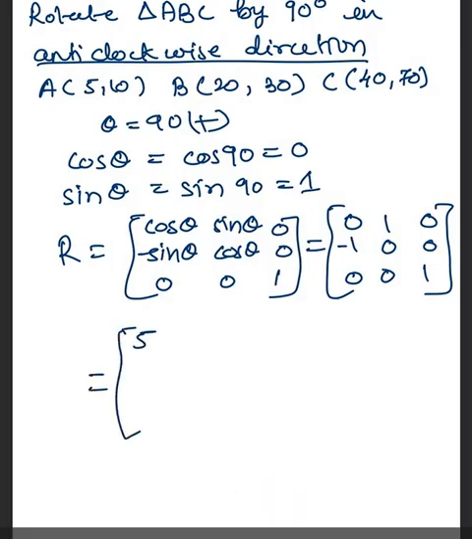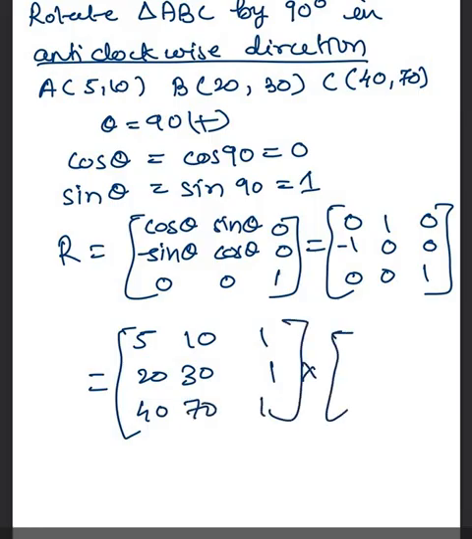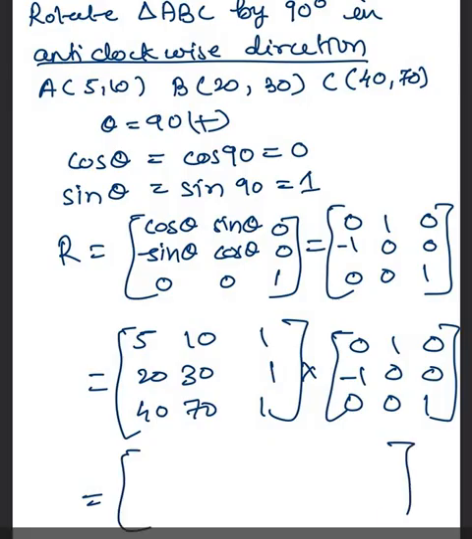Now you write your coordinates. How will you write? 5, 10, 1. Why are we writing 1? Because we are using the homogeneous coordinate system. इसलिए वो 1 लिखा है so that multiplication becomes easy. 20, 31, 40, 71 and then 0, 1, 0, minus 1, 0, 0 and 0, 0, 1. Now start multiplying.